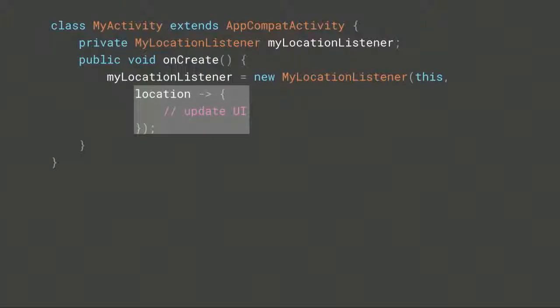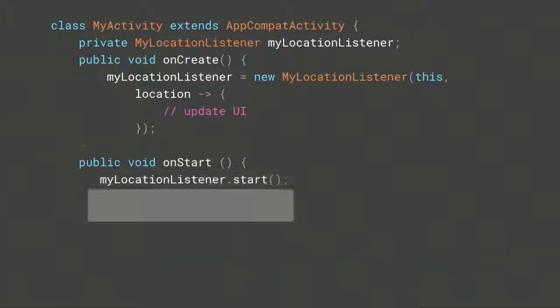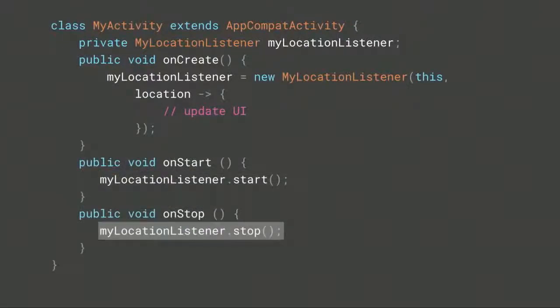Now, if you have ever written an Android application, you know that this code is never enough. You also need to go ahead and override onStart and then tell it to start, and override onStop and tell it to stop. You always need to do this babysitting for these components. But this is acceptable. This is a simple example. This looks all right. But then your product manager comes and says, oh, you know what?